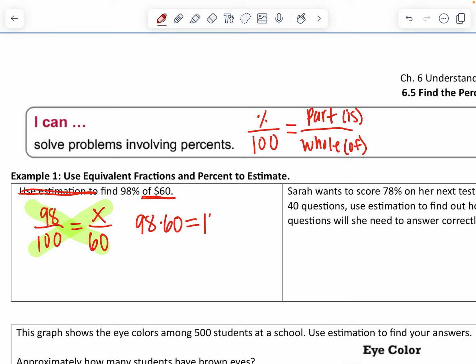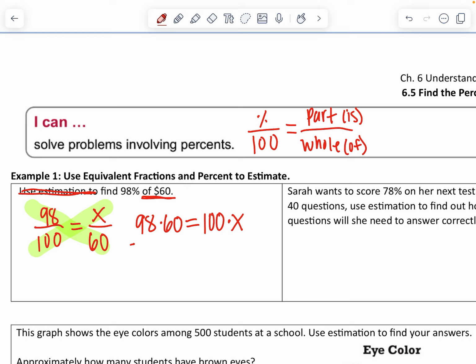So 100 times X, just like that. I forgot to mention, you can have your calculator if you need it. For this first example, we're going to do 98 times 60. That's our first step, so go ahead and put that into your calculator.